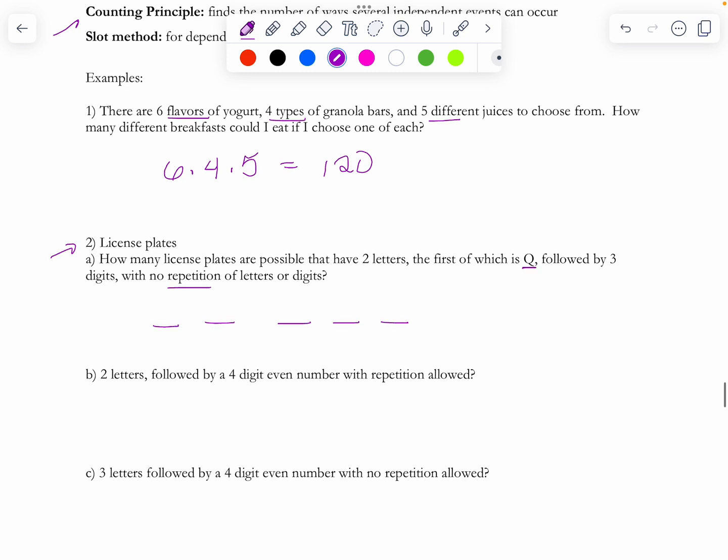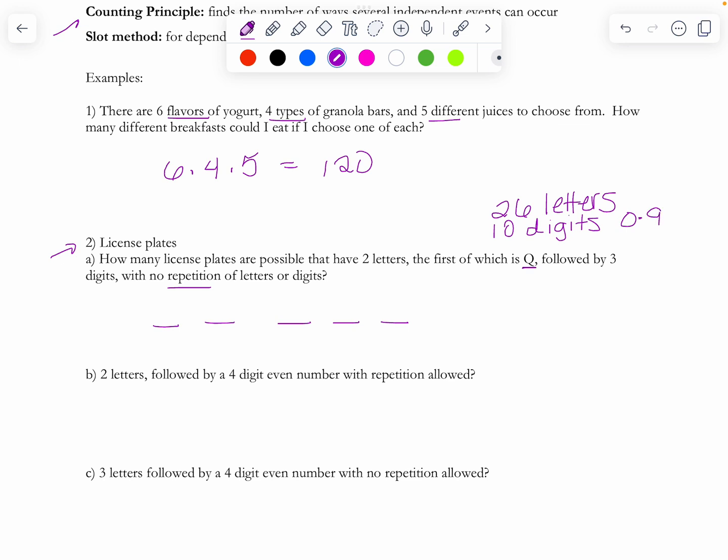The first thing we have to think about is that there are 26 letters in the alphabet, and then we have 10 digits, 0 through 9.